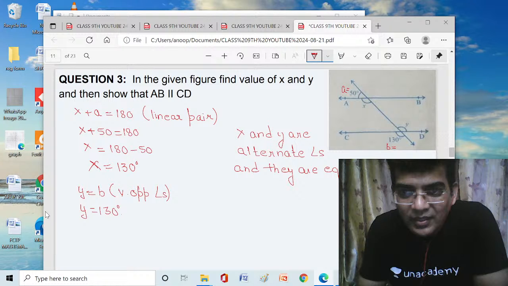Okay, let's move on to the next question we have. Now this question says that A and B are complementary angles and the ratio of A and B is given as 2:3.